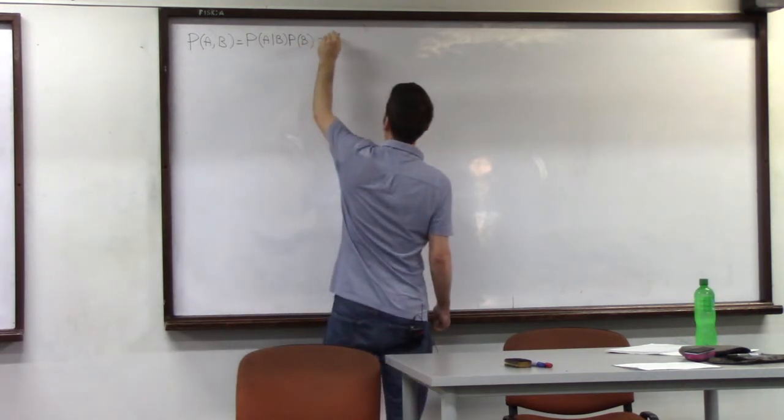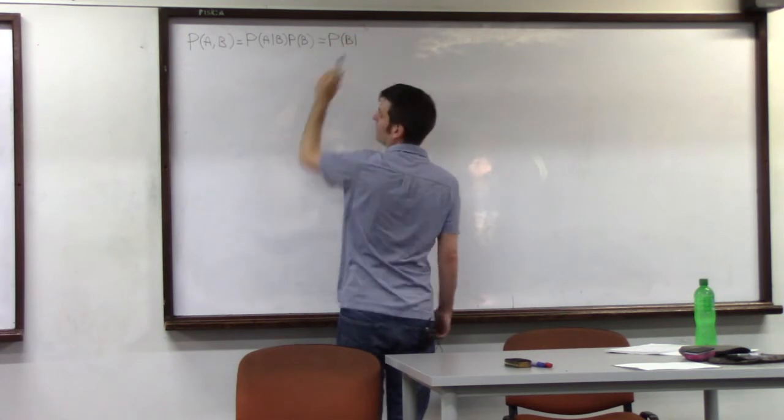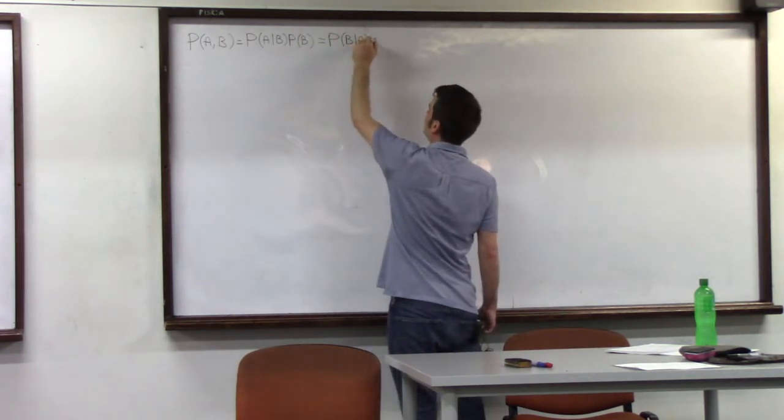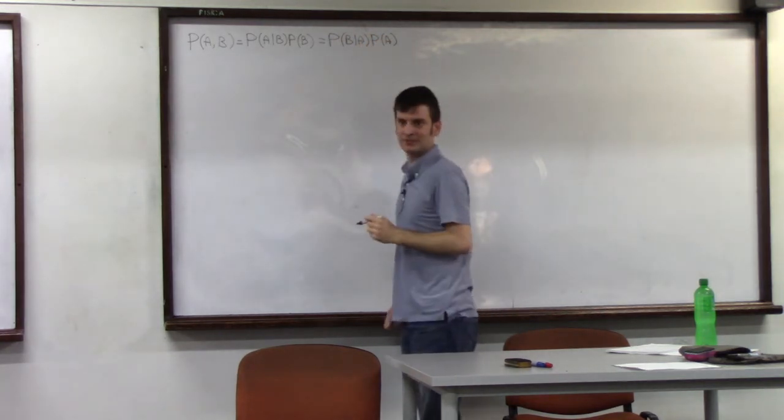But this is also equal to P of B given A times P of A, since the problem is symmetric to permutation of A with B. So I can also write it like this.